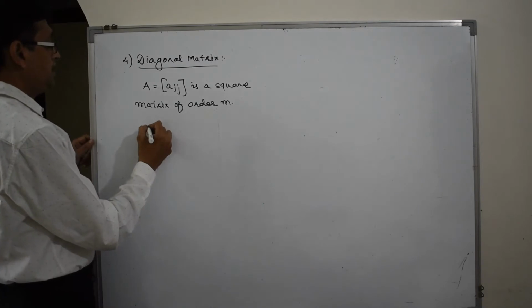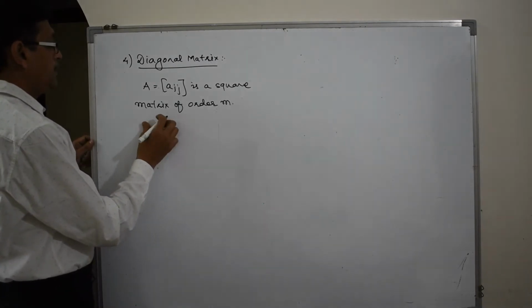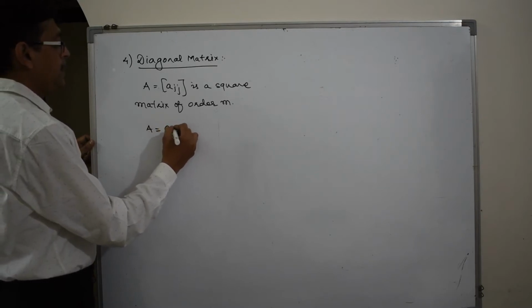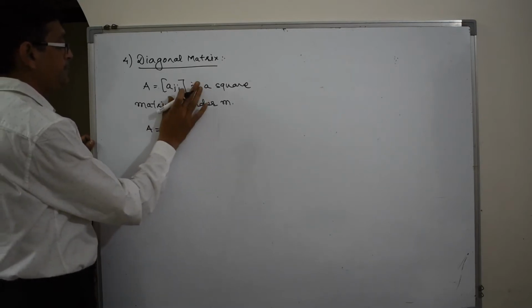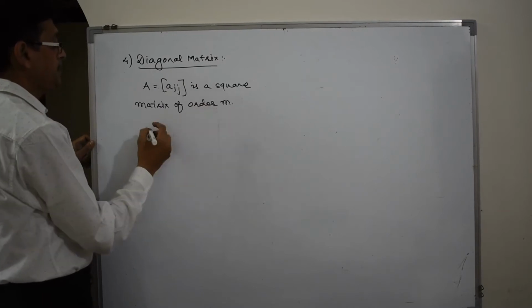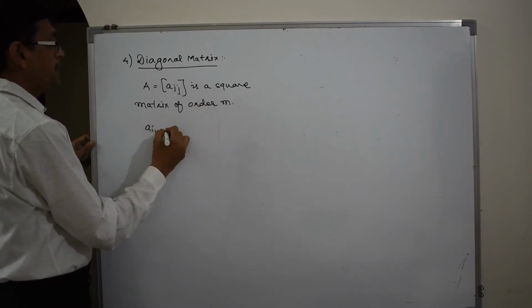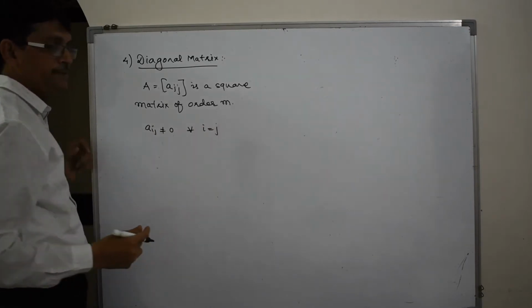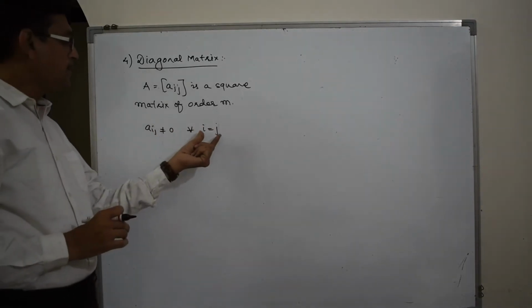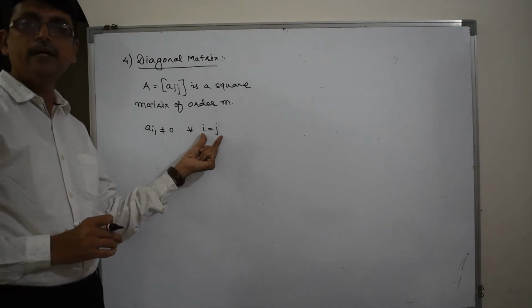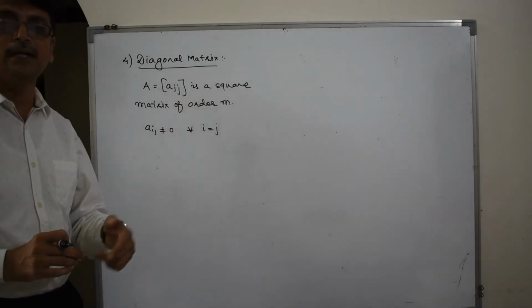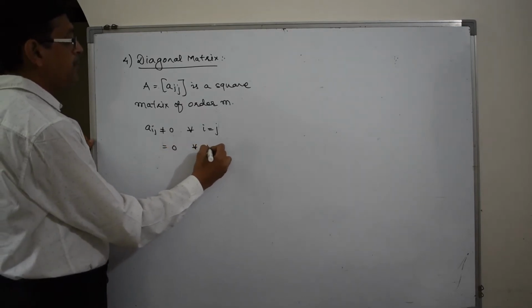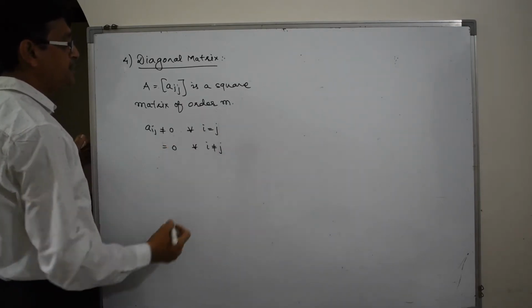So A equal to Aij, Aij is not equal to 0 for all i equal to j. You can see that whenever i equal to j, it represents a diagonal element, right? And here I am writing it is equal to 0 for all i different from j.